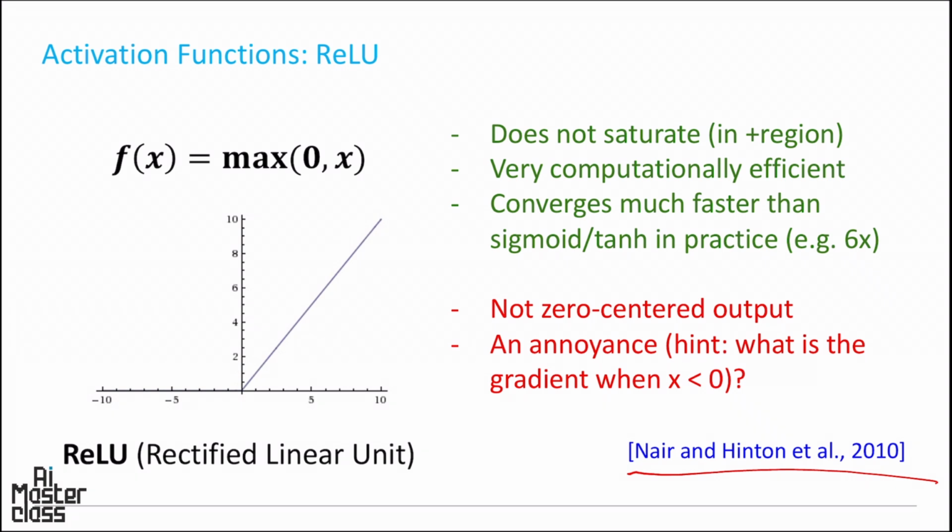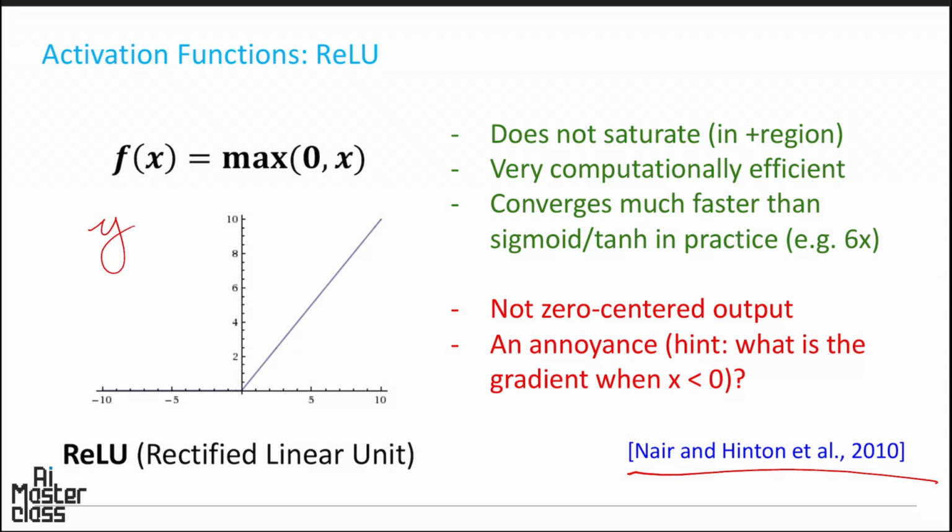And ReLU is a very simple function. ReLU is max of 0 comma x. Now max of 0 comma x can sound fancy, but the way I want you to remember it is this: let's say your f of x or your y is x. You have done this in high school, right? So your function y equal to x is this.